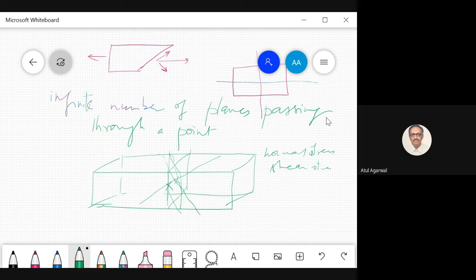I told you take a piece of chalk, you bend it, then what happens? It ruptures across a flat cross section, normal to the axis of the chalk. But if you twist it, it will fail like this or this. So you see, failure modes are different.